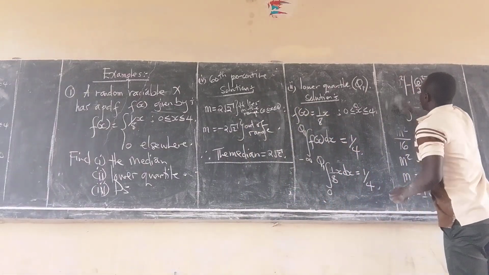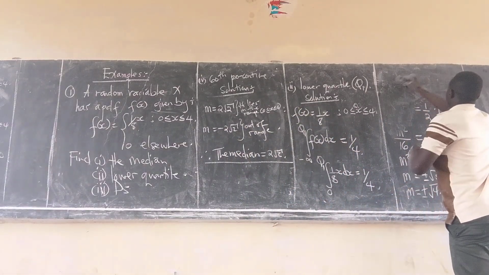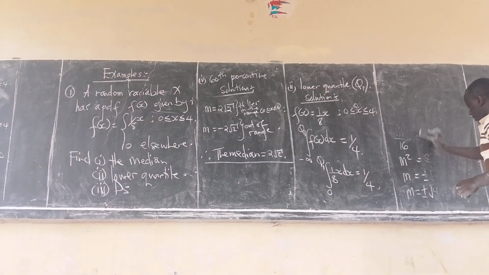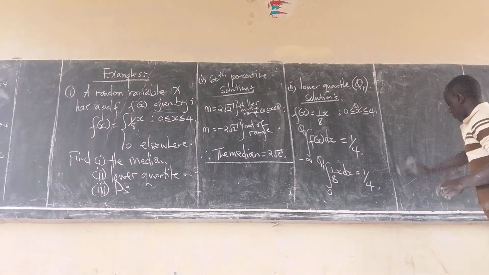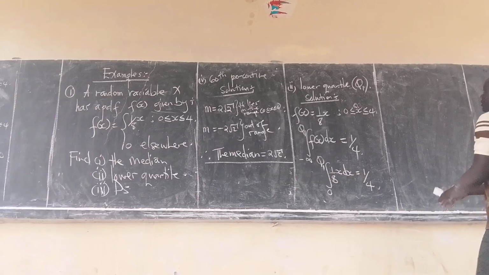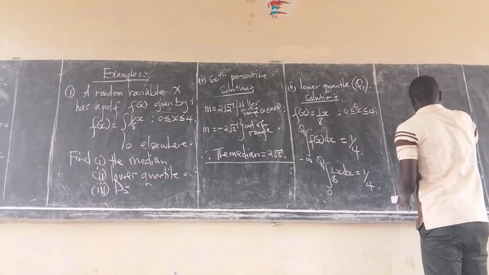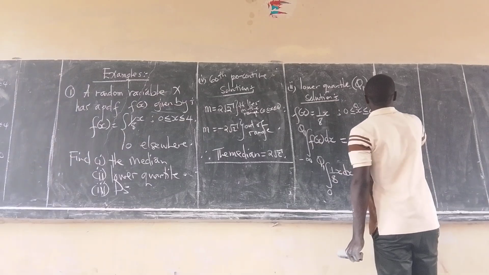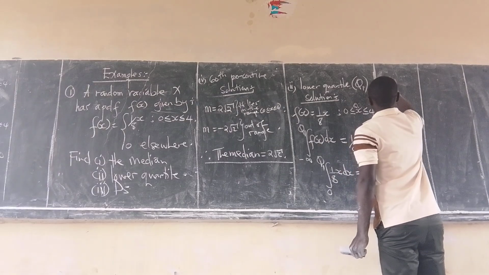So after equating it to a quarter, we are now going to find that Q1. So we are going to have 1 over 8, a constant, so you pull it out.